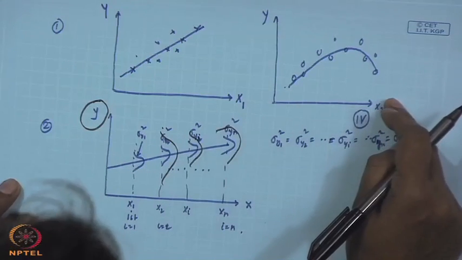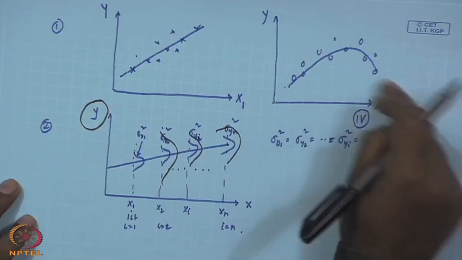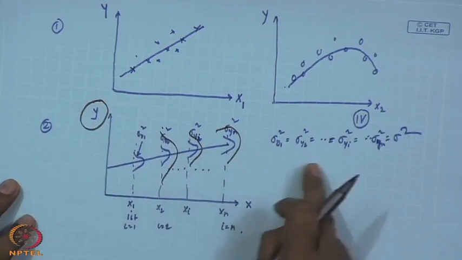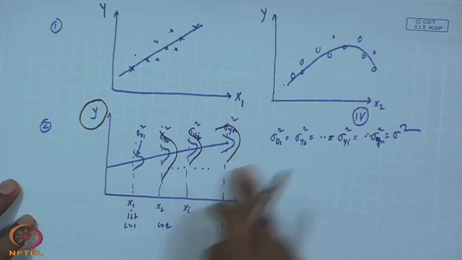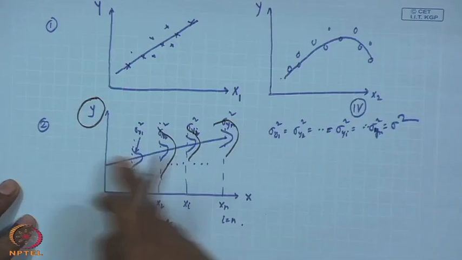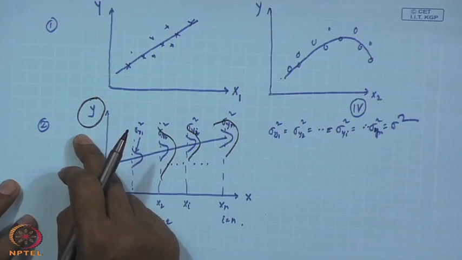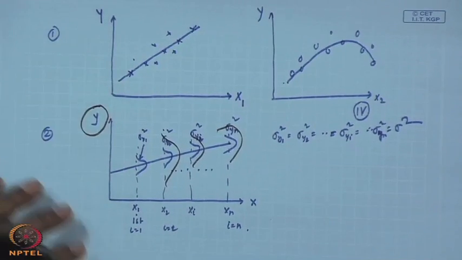If there is a linearity problem, you can transform either variable, but it is preferable that you transform the x variable. If heteroscedasticity is there, that means equal variance is not satisfied, so in that case you have to transform the y variable. Okay. Then the third one is uncorrelated error terms.